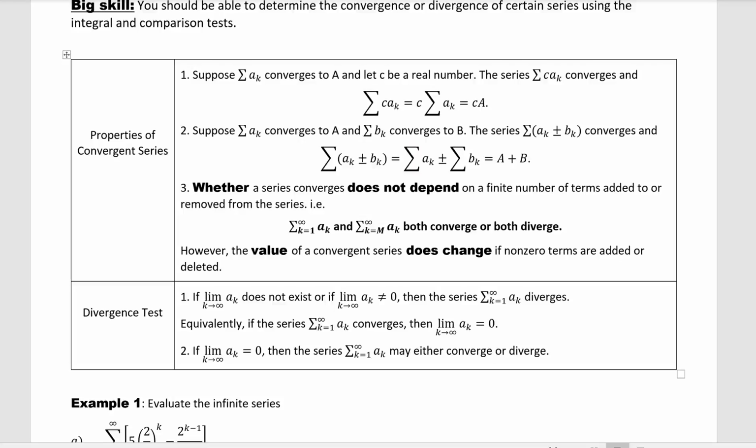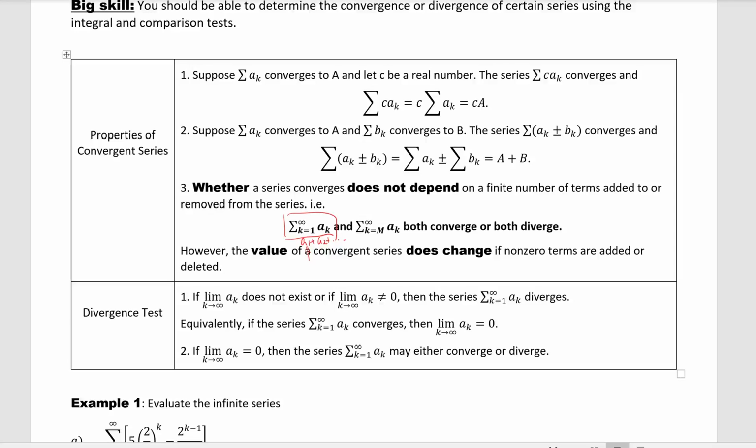And whether a series converges does not depend on a finite number of terms added to or removed from the series. For example, these two series. This is a series where the terms are a sub k, so k is from 1, so this is like a1 plus a2, the terms start with the first term.